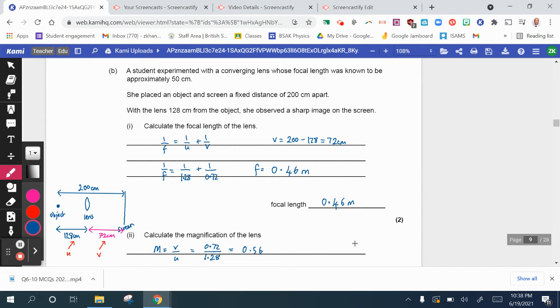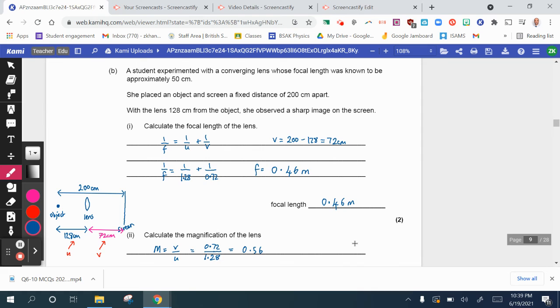The question asks for the focal length of the lens. There is a relationship between the focal length, the distance from the lens to the object, which is u, and the distance from the lens to where the image is produced, which is v. It says a sharp image is produced on the screen, so that's where the image is.